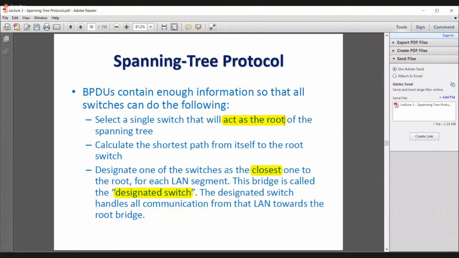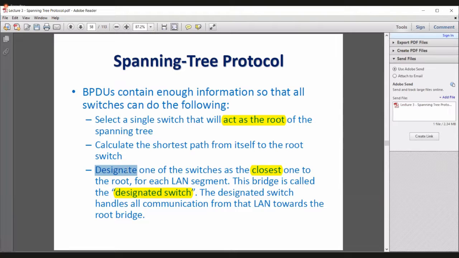Designate one of the switches as the closest one, that means very close to the root. Designate means to name. Now there is a randomly picked root; we have to start from somewhere.